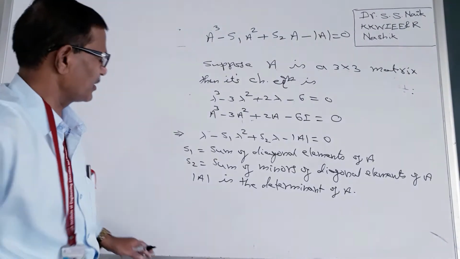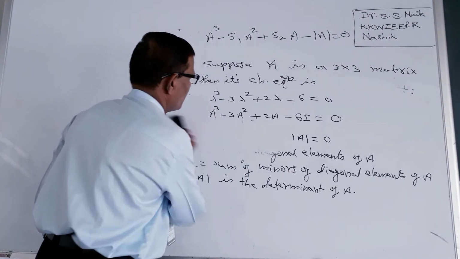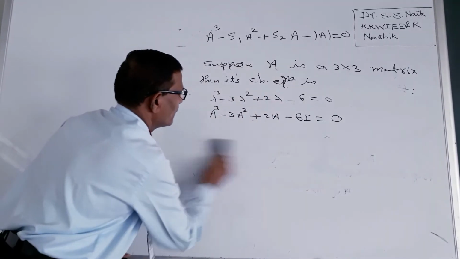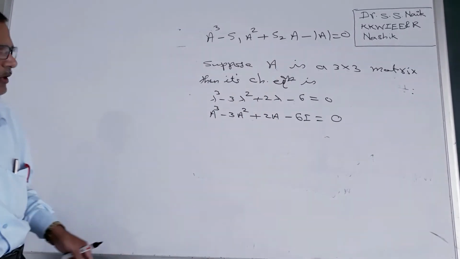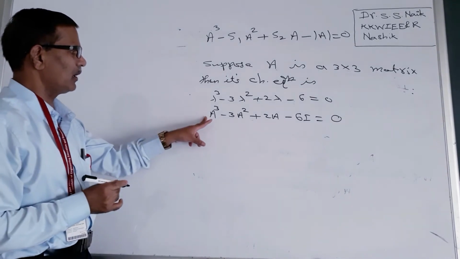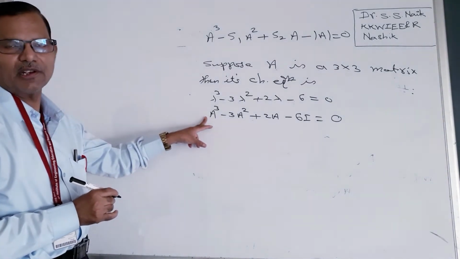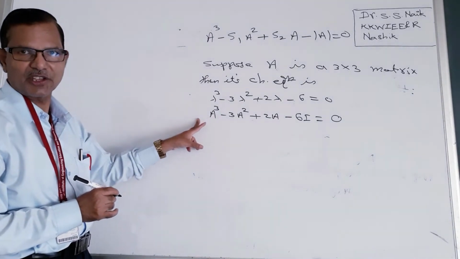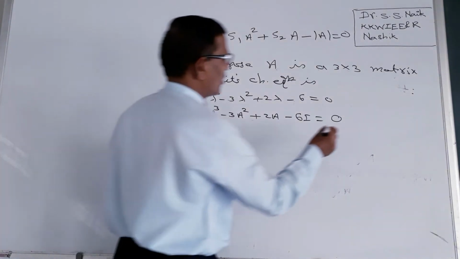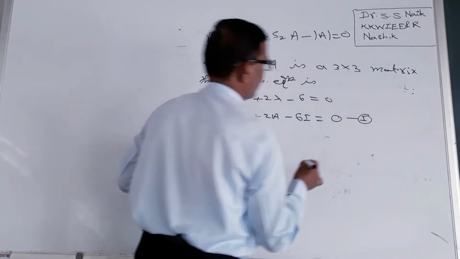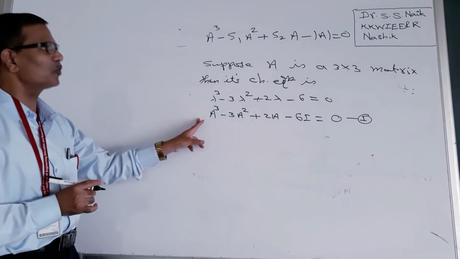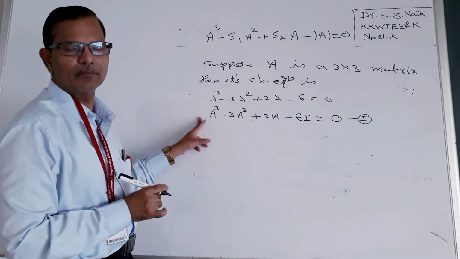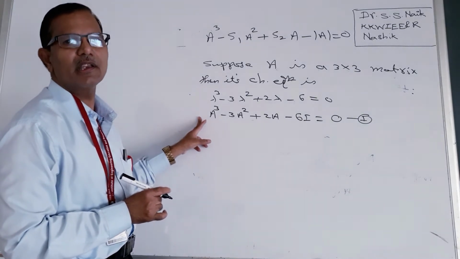Now if you see this equation, A cube minus 3A square plus 2A minus 6I is equal to 0, this is the characteristic equation satisfied by the given matrix A. Call this equation number 1. Then what is the use of the Cayley-Hamilton theorem? It can be used to find A inverse.